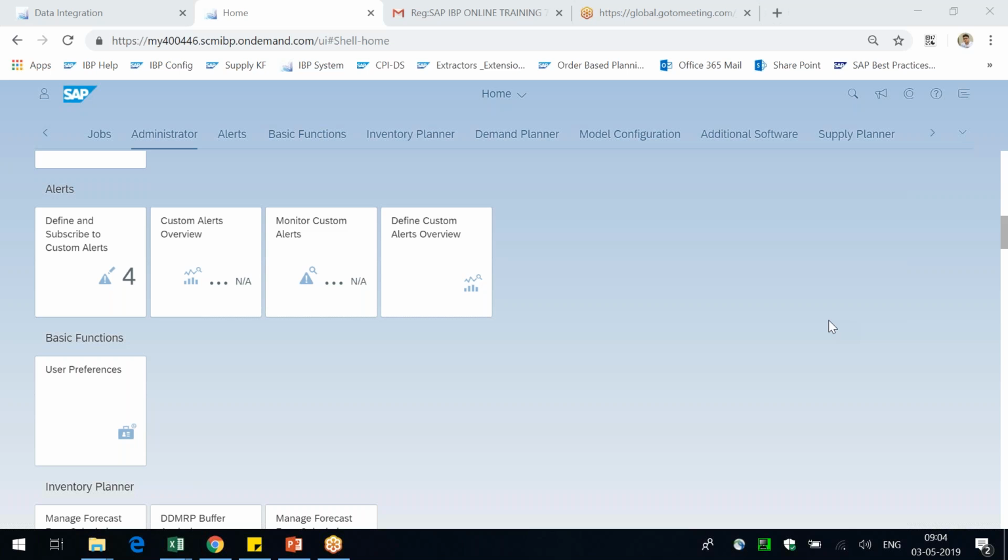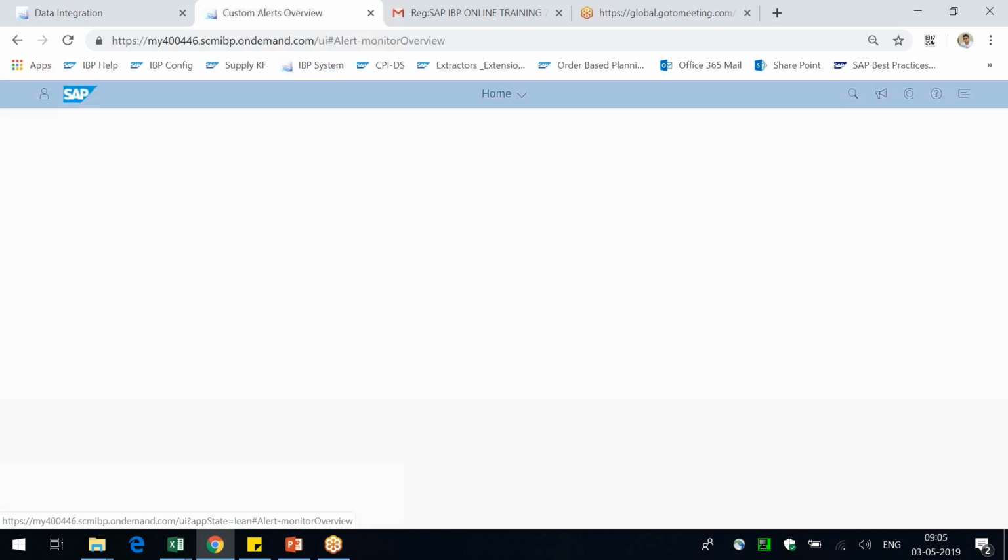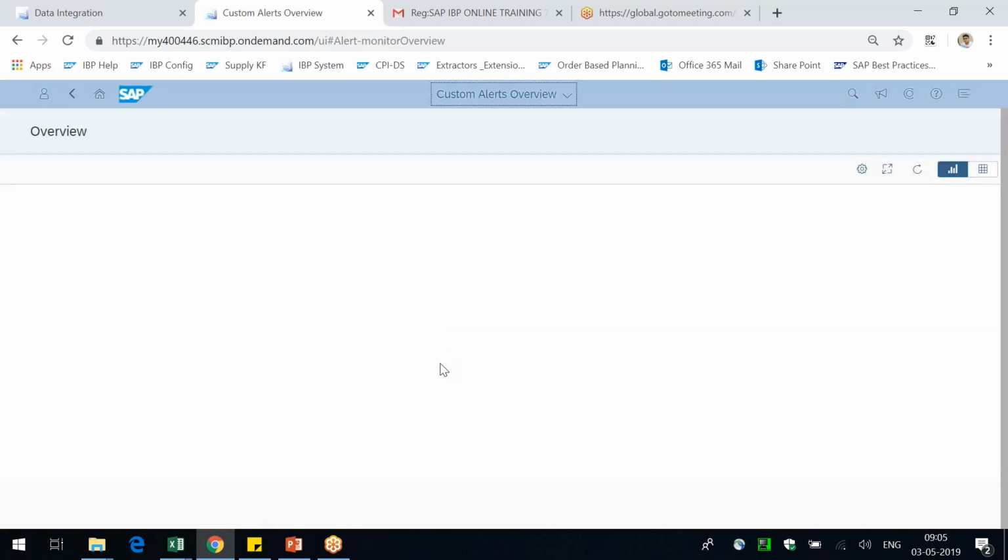We can share that alert with users, subscribe to that alert, see an overview of that alert, and prioritize it, whether it's high, medium or low priority. Can we also create a case from the alert? Yes, you can create a case. Great, thanks. So that's a custom, web-based alert.